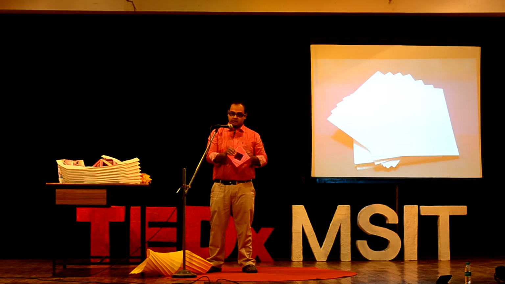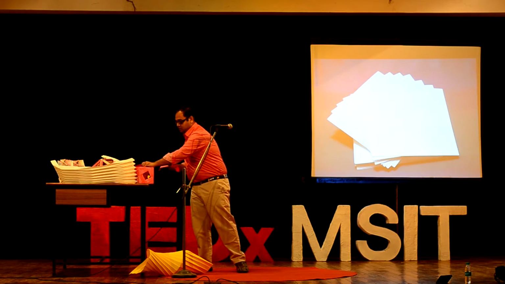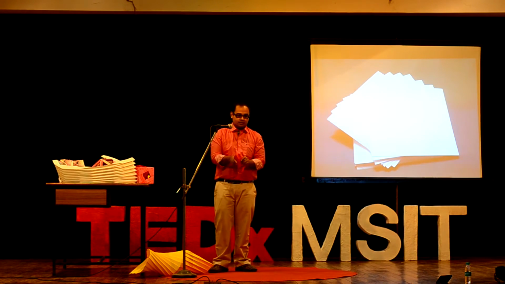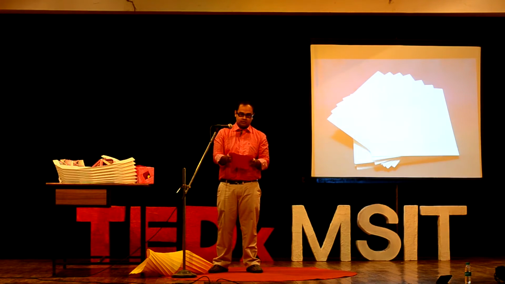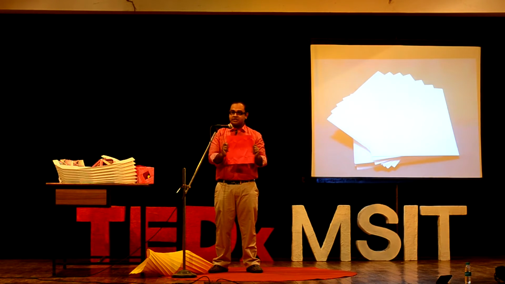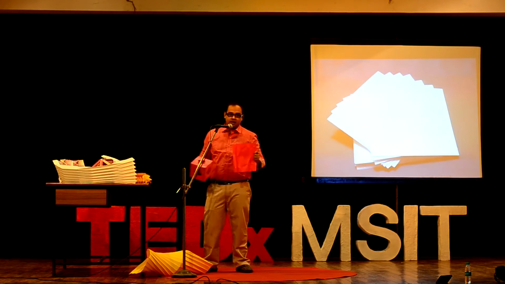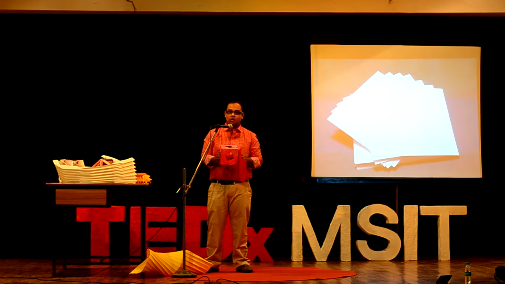You can do it by just using square sheets of paper. Many modules of it, 12 in this case, and you can get a cube made with no glue and no scissors.